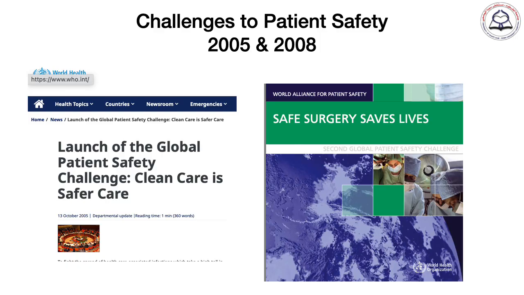The major milestone is the publication of the Institute of Medicine's To Err is Human, which revealed that 98,000 deaths were due to medical error. Since then, many activities and initiatives were taken to improve patient safety.